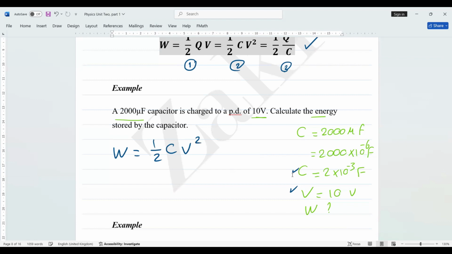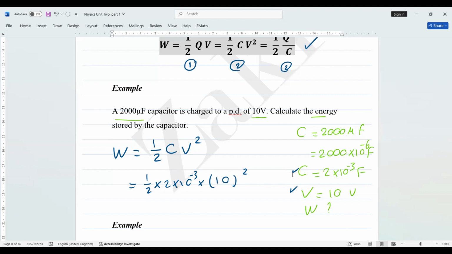Of course, remember the energy is measured in joule. So it's a half multiply C, the capacitance, which is 2 multiply 10 power negative 3, multiply open bracket V, which is 10, so it's 10 squared. Now, we write half multiply by 2 multiply by 10 to the power of negative 3 multiply by 10 squared.